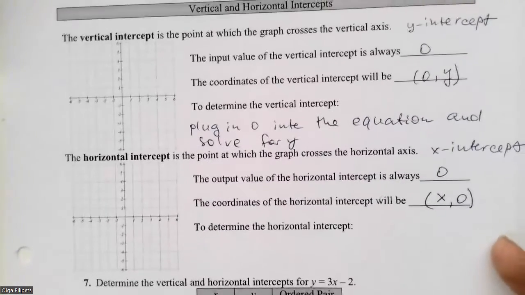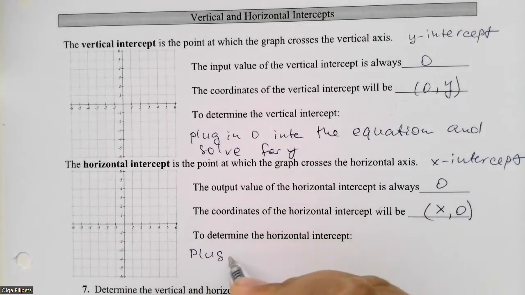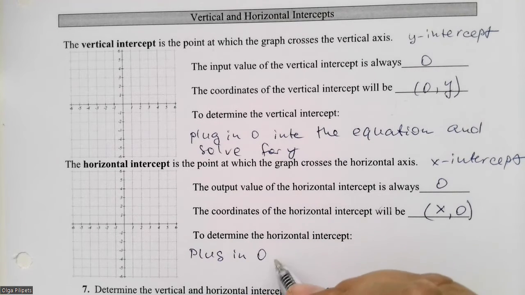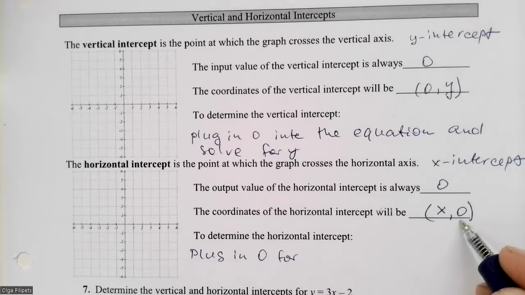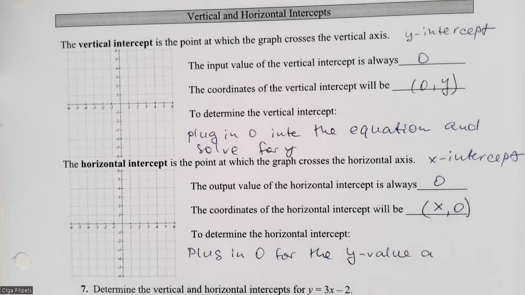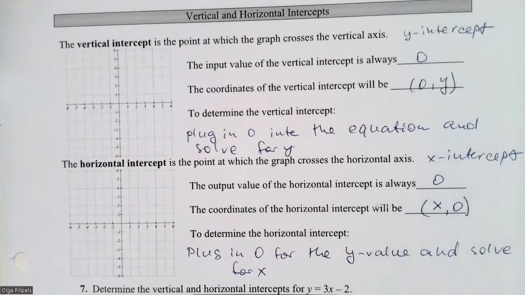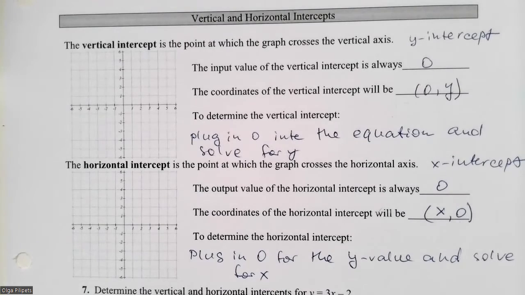To determine the horizontal intercept, we're gonna plug in 0 for the y value into the equation and solve for x. So that's our theory for this section.